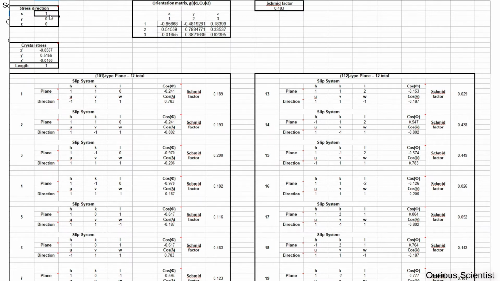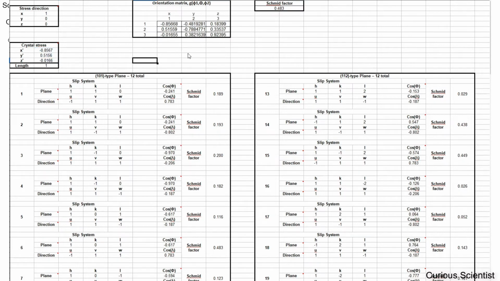So basically only the x component is 1, the others are 0. And so we multiply this 1 by 3 vector with this 3 by 3 matrix, and then we get this. So this is the crystal stress, the stress represented in the crystal's coordinate system.